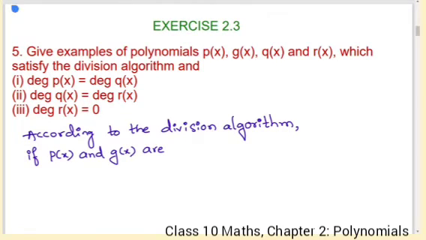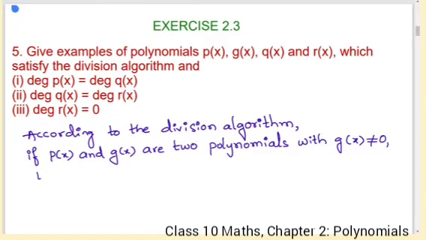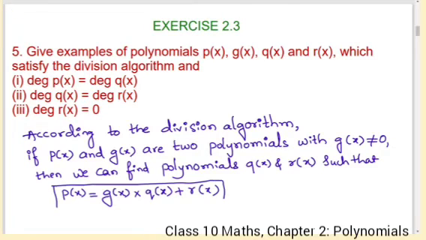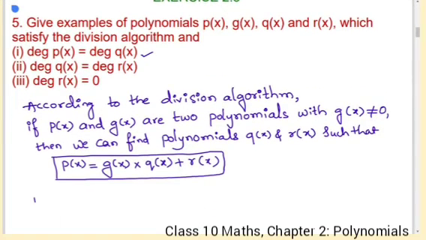First, we know that according to the division algorithm, if p of x and g of x are two polynomials with g of x not equal to 0, then we can find polynomials q of x and r of x such that p of x is equal to g of x into q of x plus r of x.